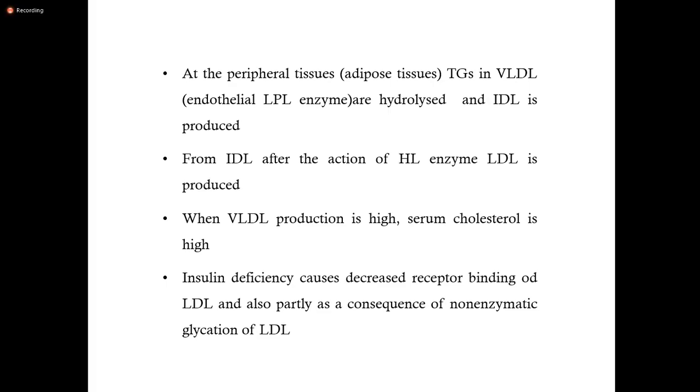What happens in diabetes? With the insulin deficiency, we know any body protein can get glycated due to chronic hyperglycemia. Due to insulin deficiency, the patient can have chronic hyperglycemia.